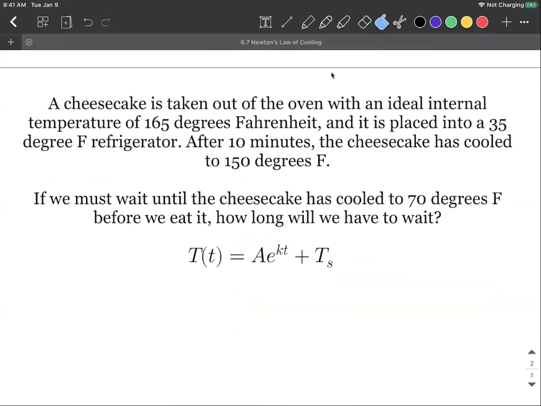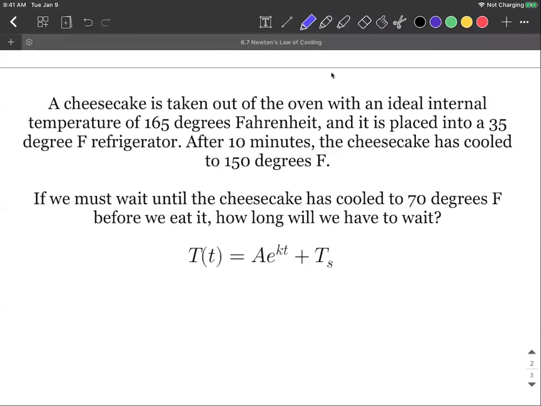It feels a little overwhelming when you first read through these. There's a lot going on, but let's break it down. We actually are given 3 key pieces of information before we answer that question about 70 degrees Fahrenheit. So the first piece of information is that the initial temperature was 165 degrees when we took it out.